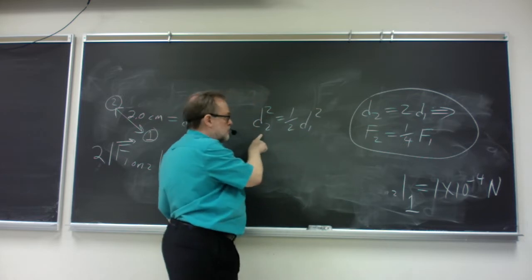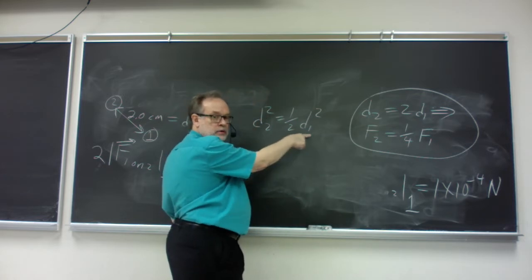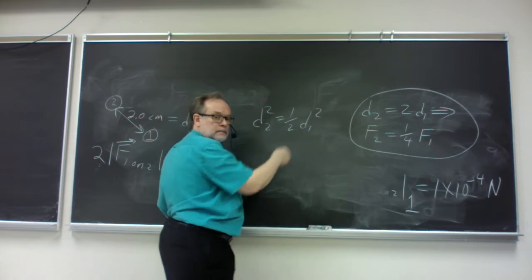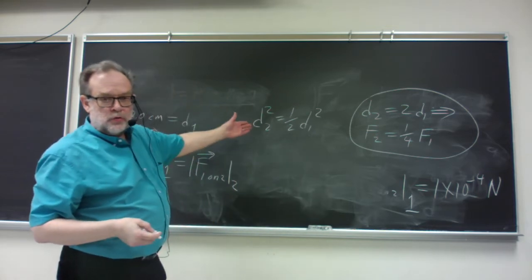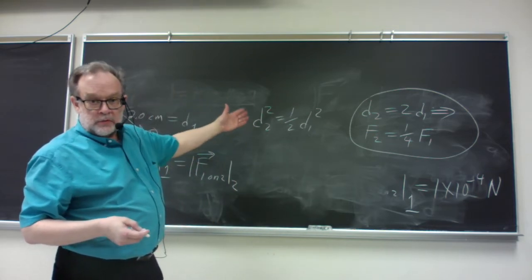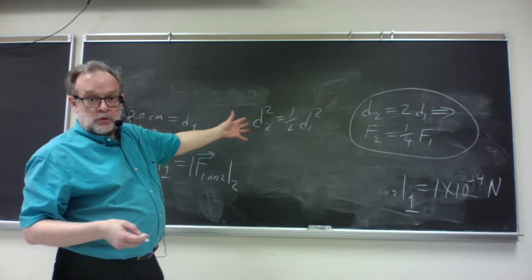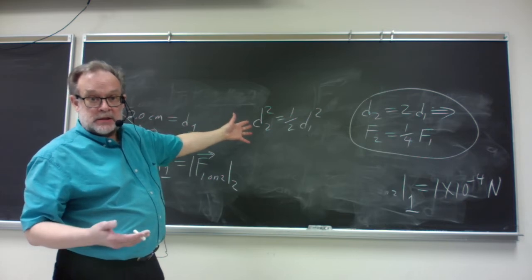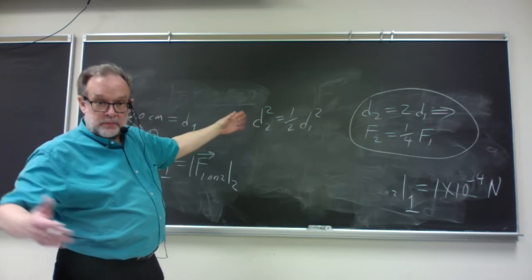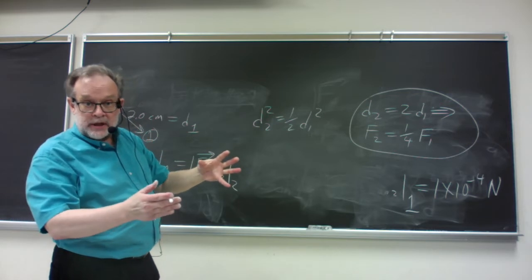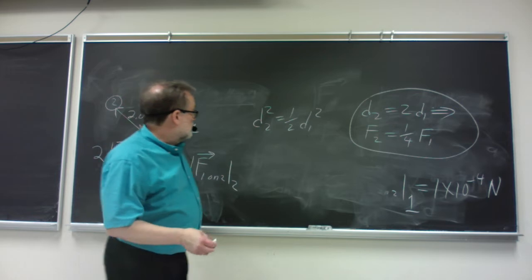Right, the new value of d squared is 1/2 times the old value of d squared. And of course what we're looking for is the new value of d, just the plain old distance in the new case where I've pushed the two charges together so that now there's twice as much force.